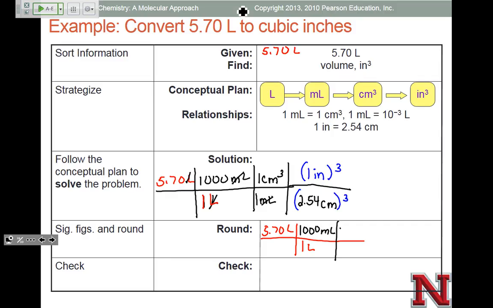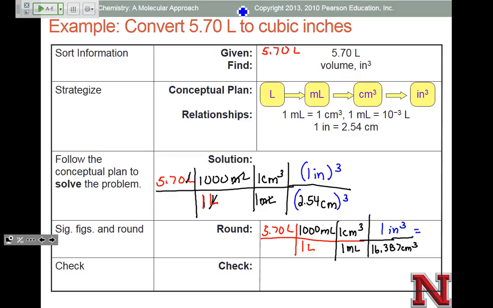You can do it in your calculator. You don't necessarily have to rewrite it, but so you can follow it later. And again, if we were working with centimeters squared, we'd square the entire relationship. So depending on what you're doing.